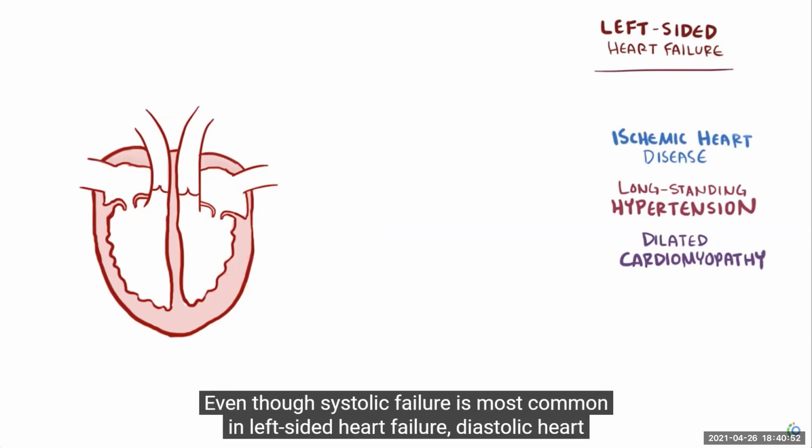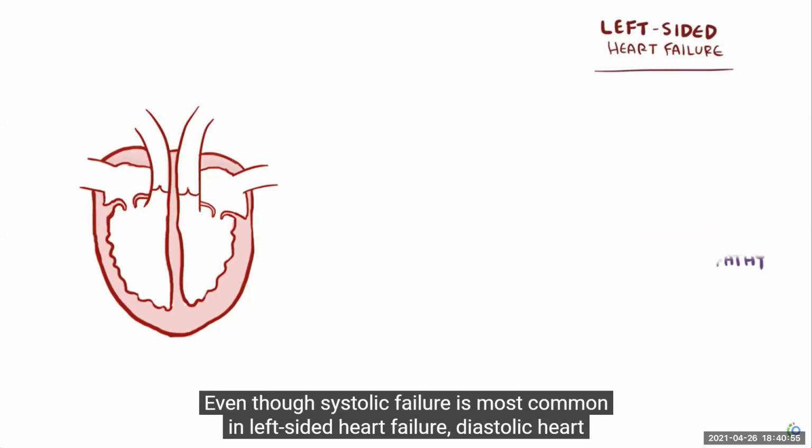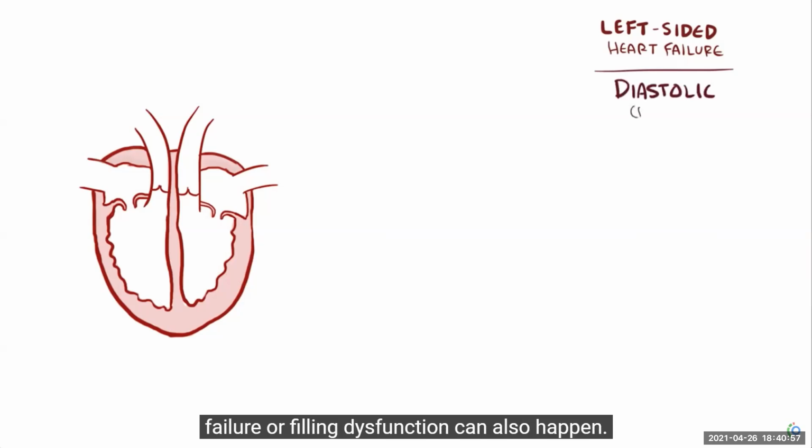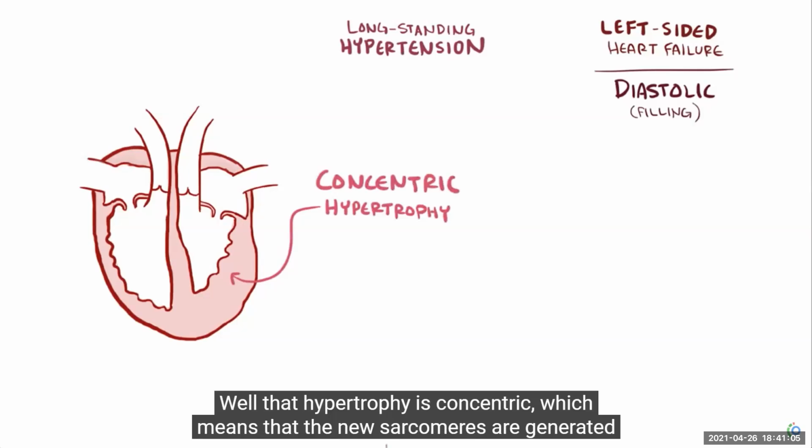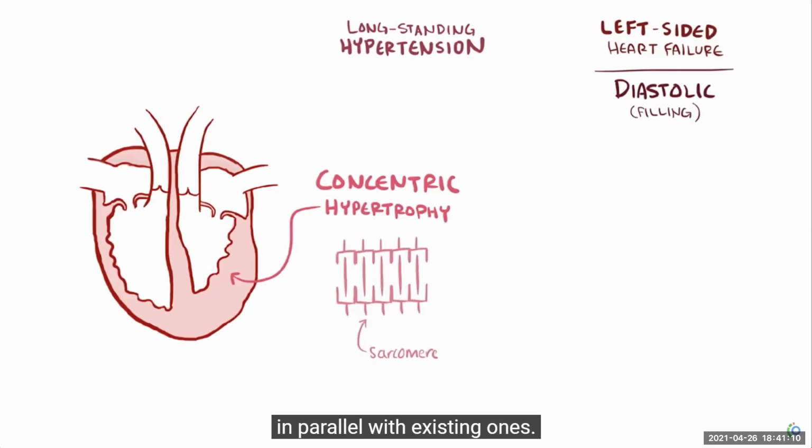All right, even though systolic failure is most common in left-sided heart failure, diastolic heart failure, or filling dysfunction, can also happen. In hypertension, remember how the left ventricle hypertrophies? Well, that hypertrophy is concentric, which means that the new sarcomeres are generated in parallel with existing ones.